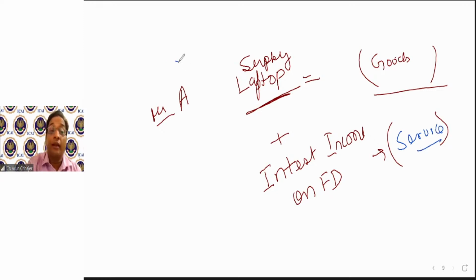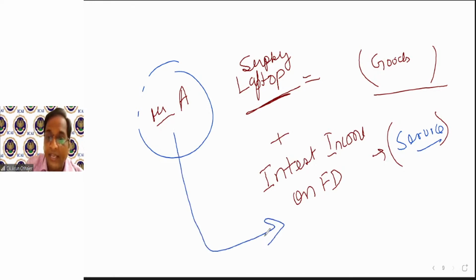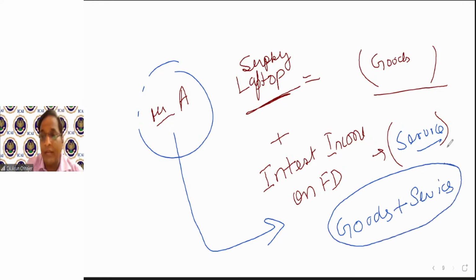So normally, I'm using the word normally. Therefore, I can say Mr. A is basically supplying the goods as well as services. Can I say that Mr. A is engaged in the supply of goods as well as supply of services?